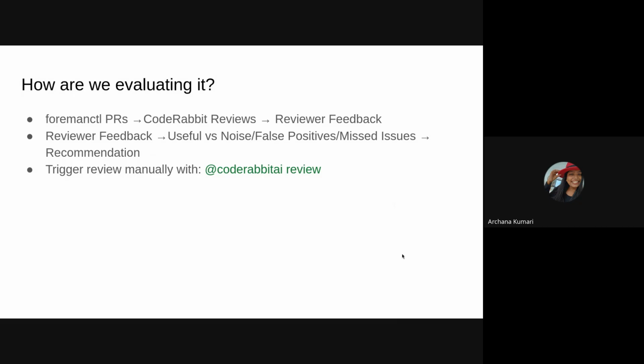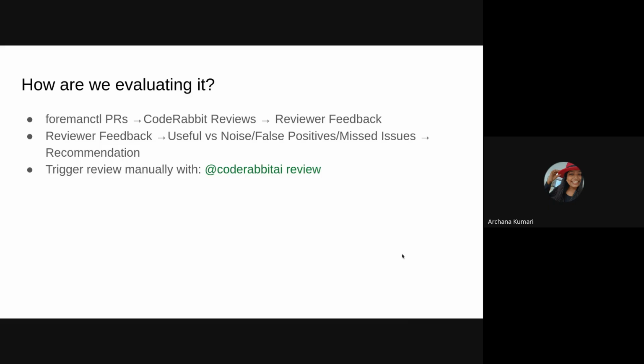When you do that, it triggers CodeRabbit AI and provides the reviews. Then the team looks into those reviews and gives feedback on whether the comments are really helpful, whether we are catching the real issue, or whether it comes up with false positives, or is missing something important.